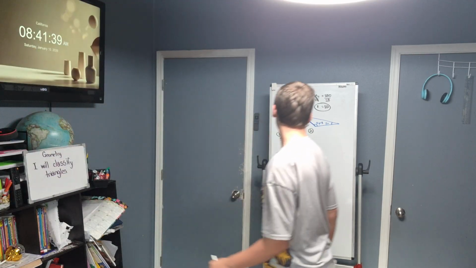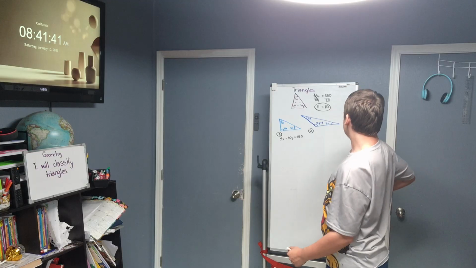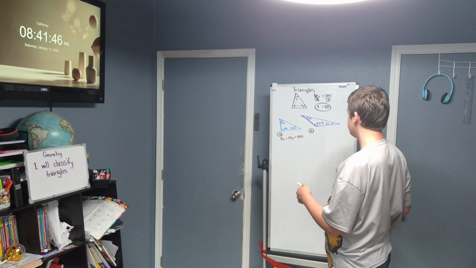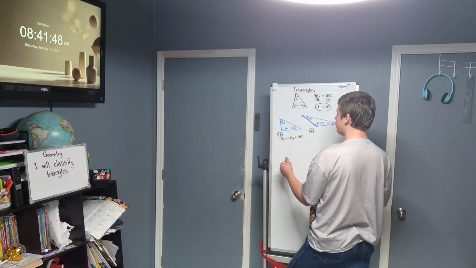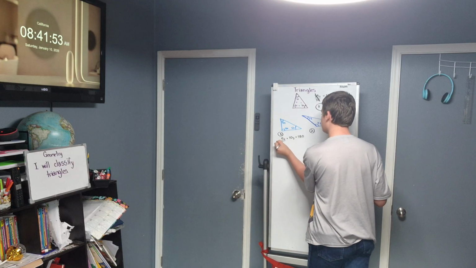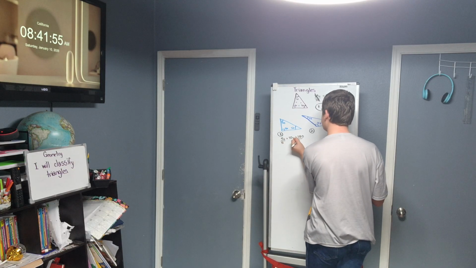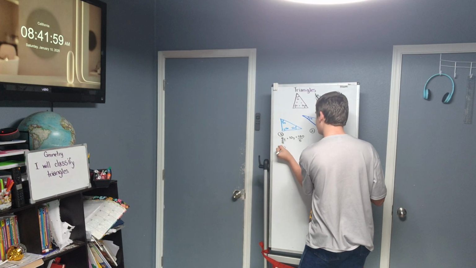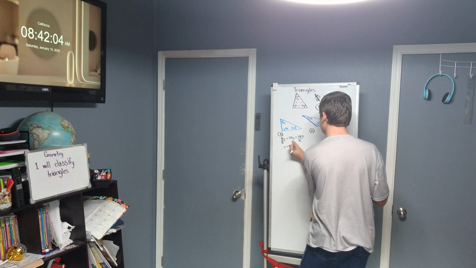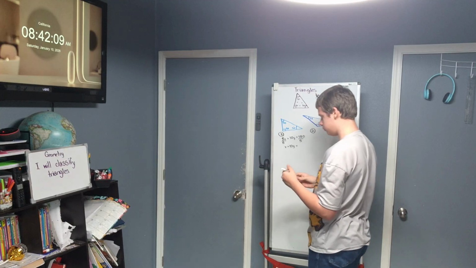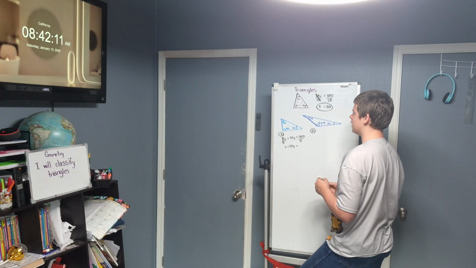To find the x, we just need to divide by 5y. Wait, no. Never mind. So, x plus 10y is equal to 180 divided by 5. Okay.